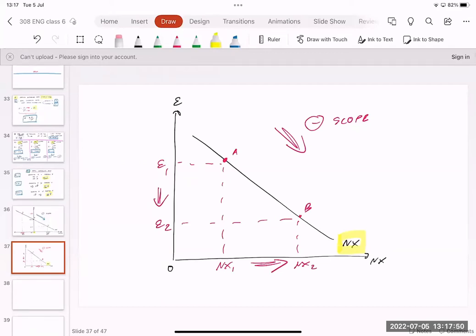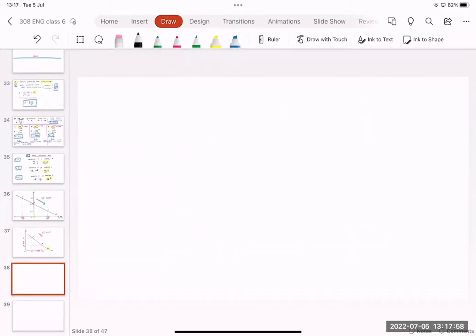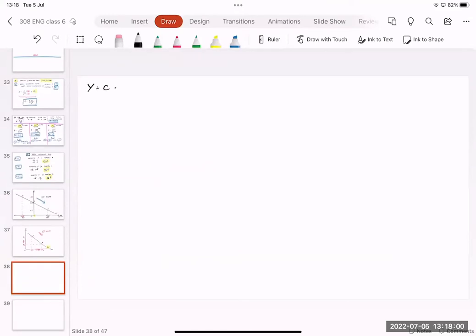After we have the NX, as you learned with me before, we have the equation Y equals C plus I plus G plus X minus M. Remember, we solved the equation together, and we get S minus I equals X minus M. I told you that S minus I we call NCO, and X minus M we call NX.